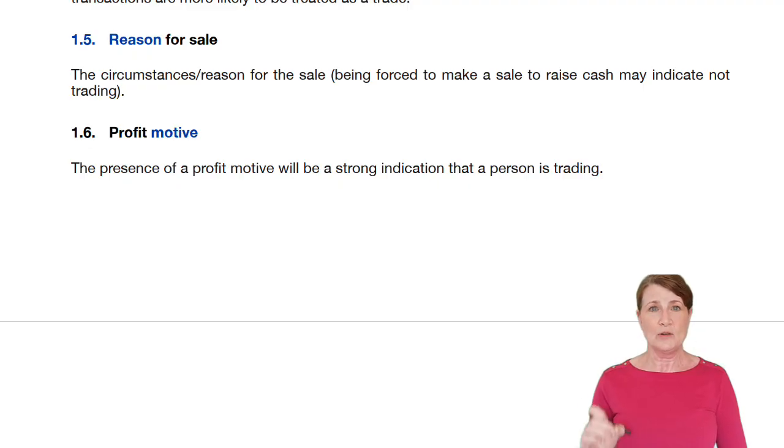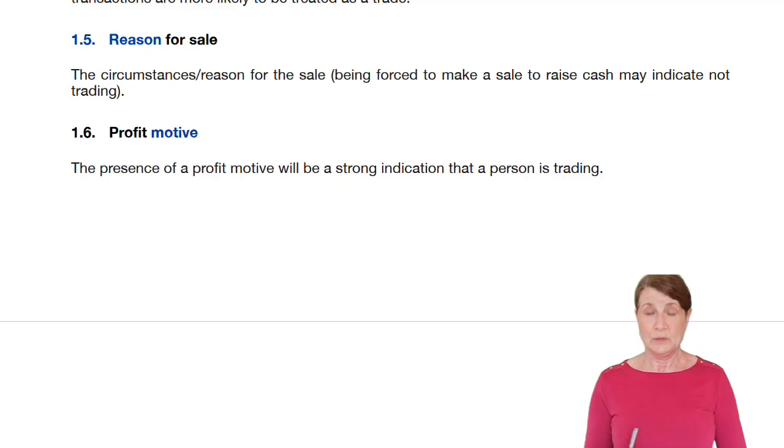The fact that you've got a reason for selling it and a reason for realising the funds, if you like, then that would be treated as capital rather than trading. However, if you're buying and selling assets for no particular reason, you're not raising funds for any particular reason, then once again, that would be deemed to be a trading activity.